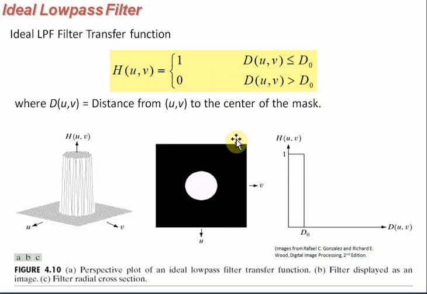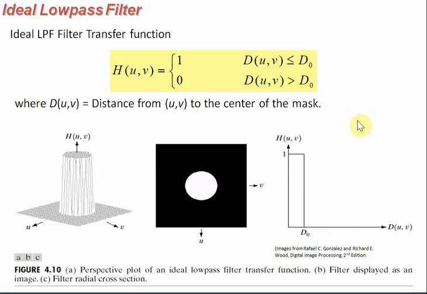So in this region, if I multiply H of u comma v with F of u comma v to get G of u comma v, the value is 0, because 0 into anything is 0. That means G of u comma v is also 0 for D greater than D naught.